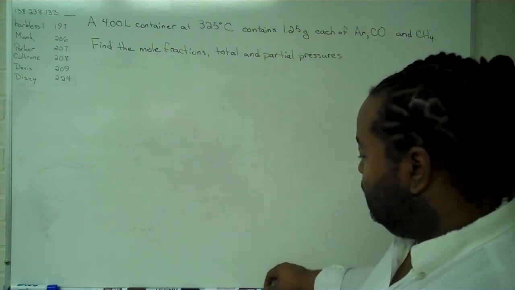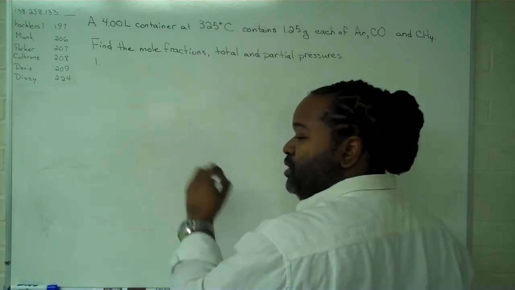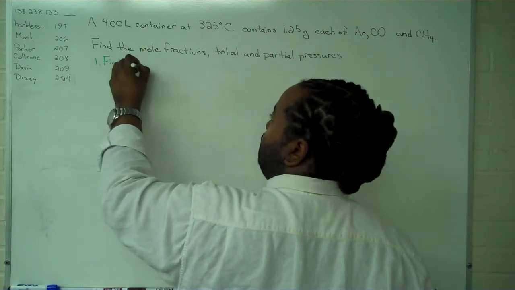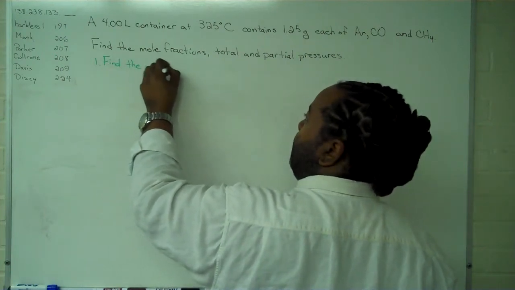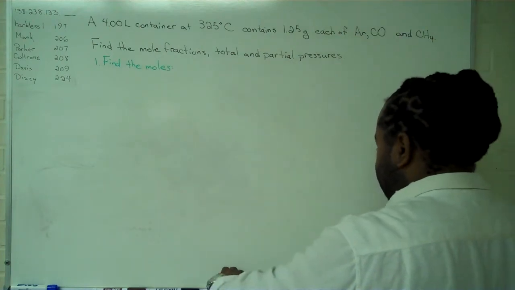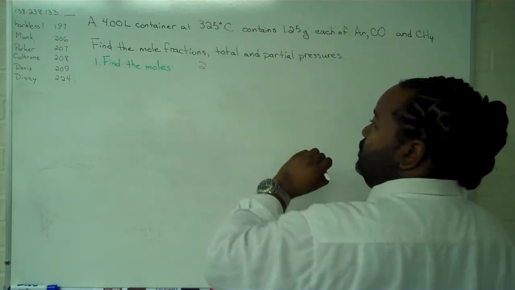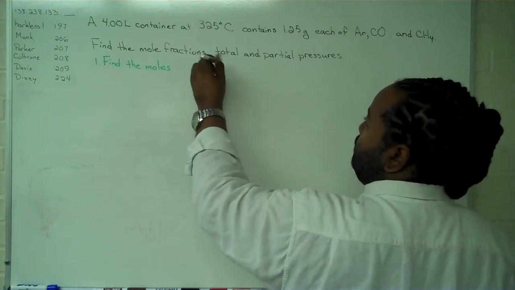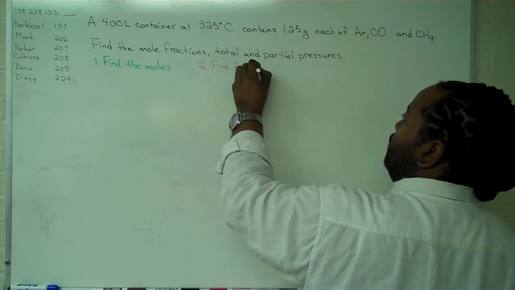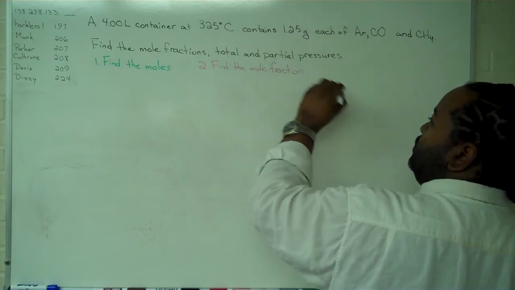So the strategy for this problem consists of 4 steps. The first step is to find the number of moles. Once we've found our number of moles, we'll be able to take data from that effort to do step 2, which is to find the mole fractions.